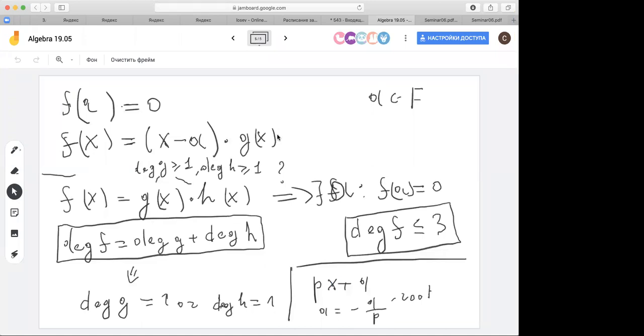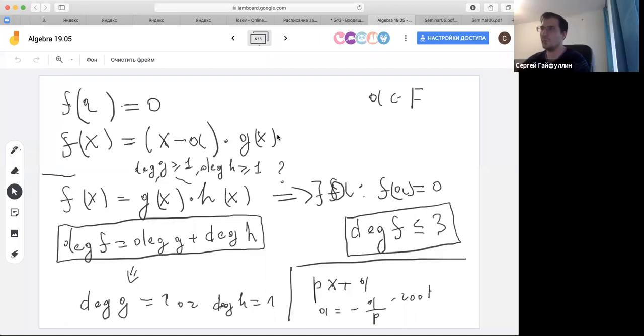Yeah, but we've just proved it one way, that if f is irreducible, it has no root. But do we need to prove that if it has no root, it's irreducible, or is it obvious? Okay, we understand that, first of all, there are two parts.